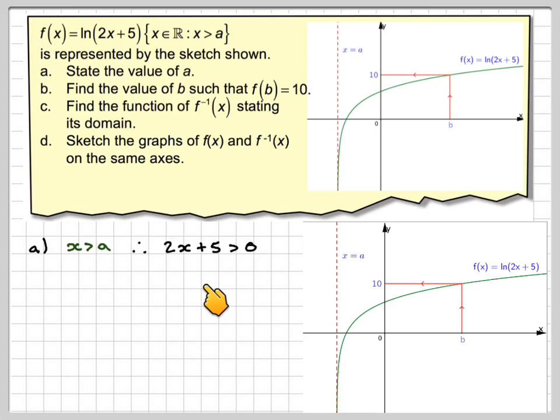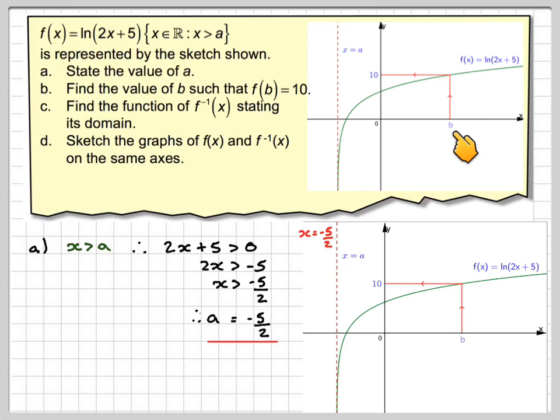So 2x plus 5 must be greater than 0, which means that 2x must be greater than minus 5, and x must be greater than minus 5 over 2. So this line here is x is equal to minus 5 over 2, so it means that a must be minus 5 over 2.